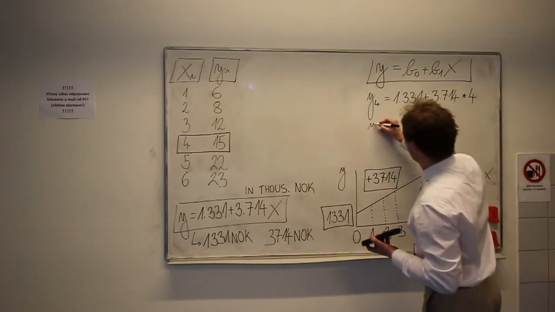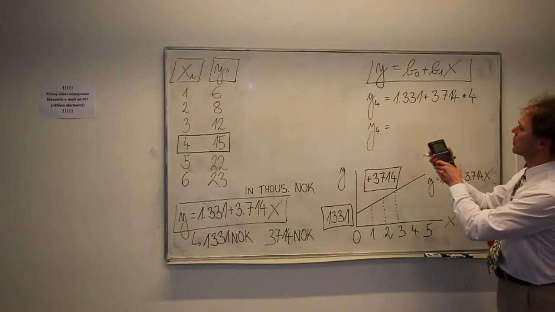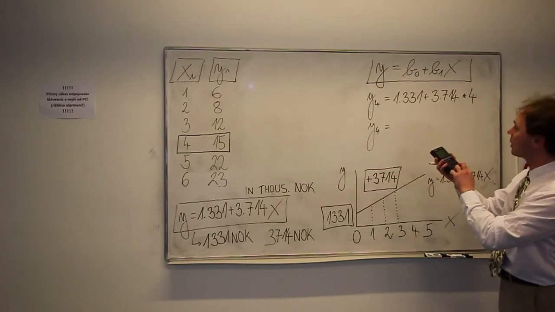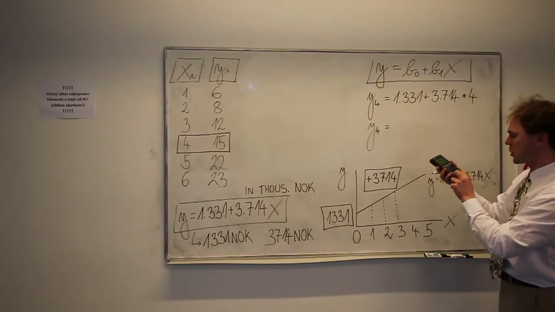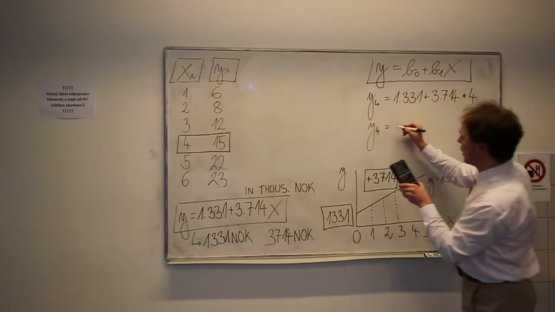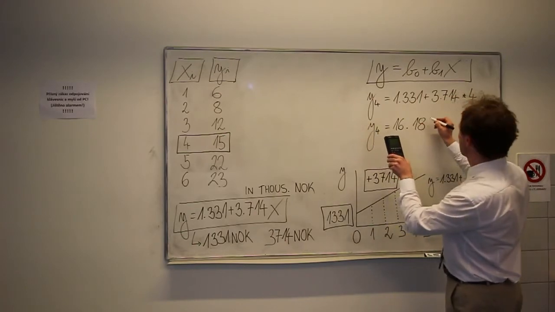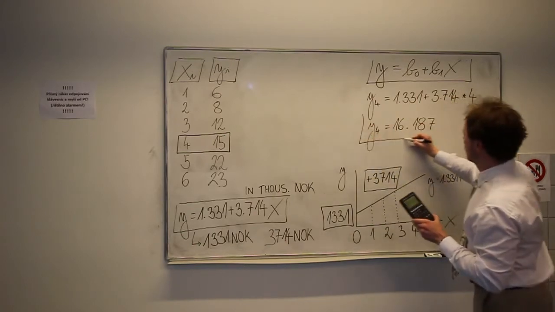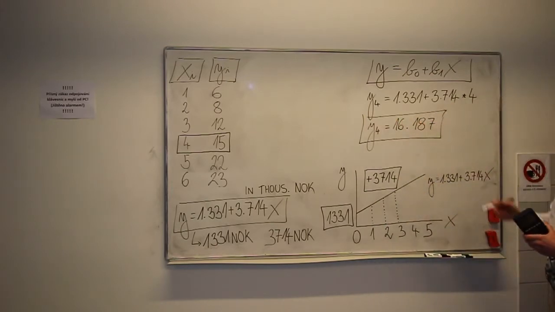So y4 is equal to, and we'll use the calculator, 1.331 plus 3.714 times 4, and the result is 16.187. Yes, so this is the calculation on the basis of our model.